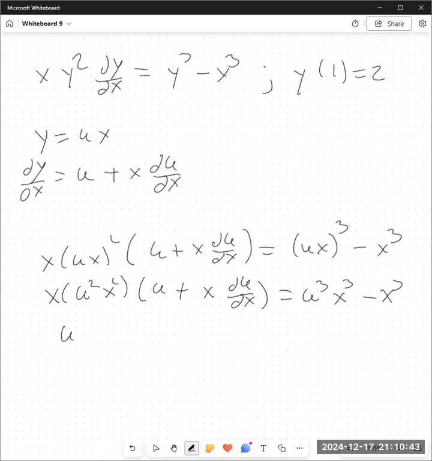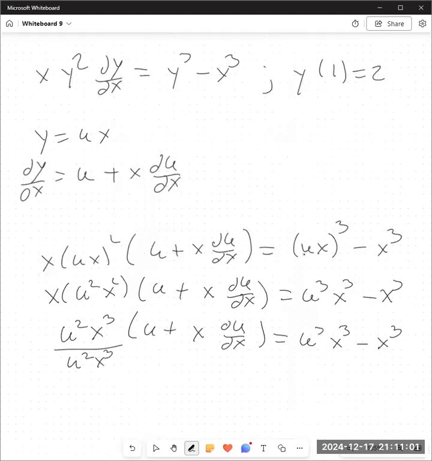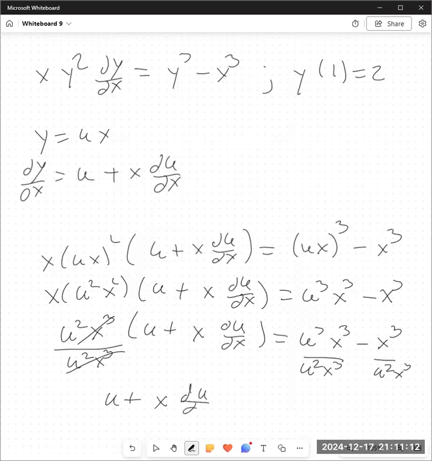I'm going to divide everything here by u squared x cubed. That gives me u plus x du dx is equal to 1 over u minus 1 over u squared.